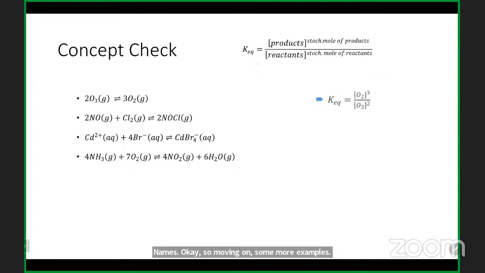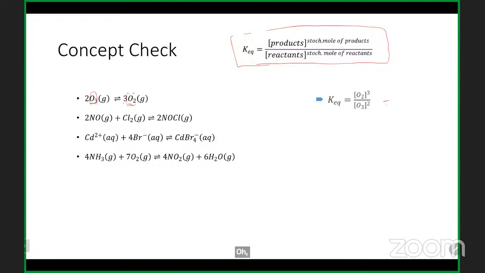Just remember, K equilibrium is the stoichiometric mole of product divided by the stoichiometric mole of reactant, raised to the power of their stoichiometric moles. So product 3O2 raised to power 3 over ozone raised to power 2.